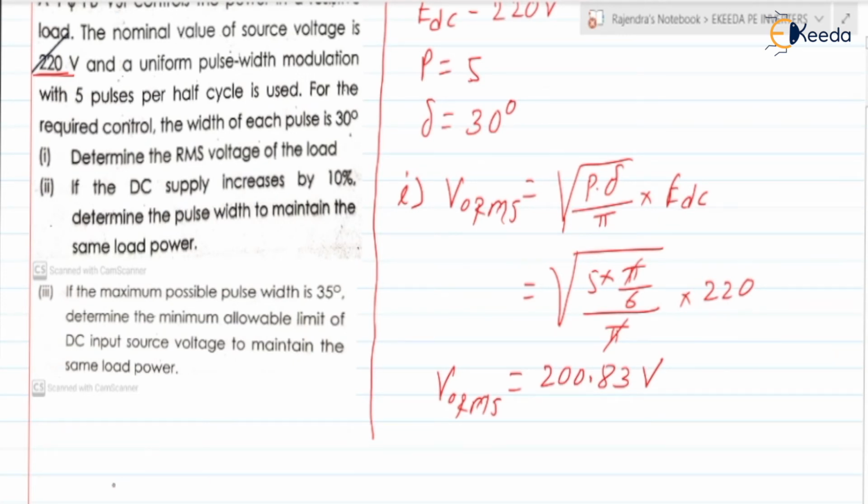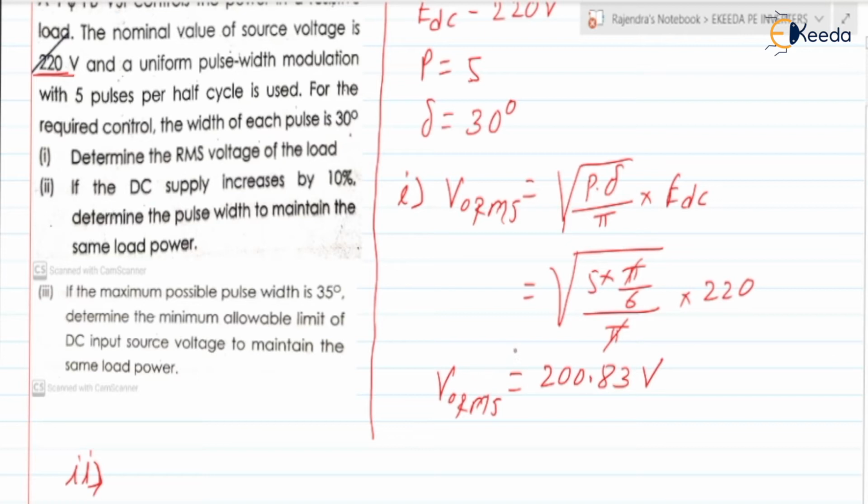Next, second bit. In the second bit, they have asked if the DC supply voltage is increased by 10%, determine the pulse width to maintain the same load power. So we need to maintain the load power the same as that of the first bit.